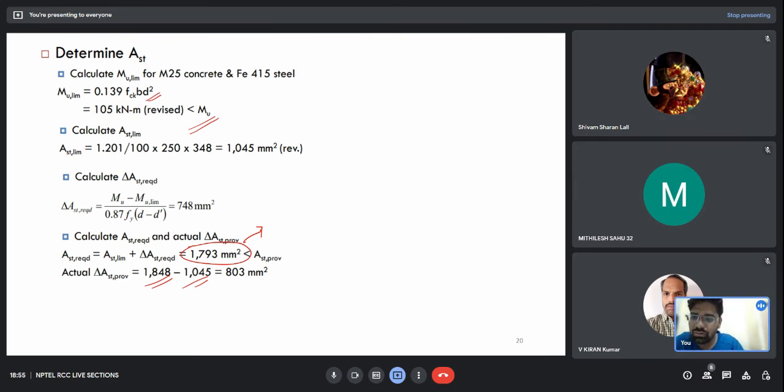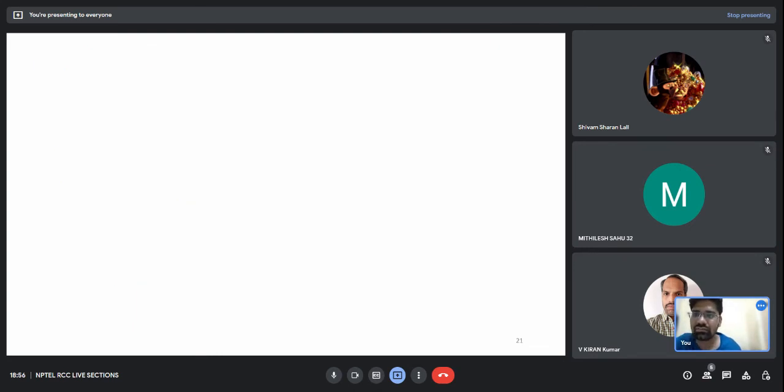So this is the total required minus what I have provided up here, the limiting one. So I am getting AST2. This AST2 tensile force will be balanced by the compressive force, by the compressive bars. This is not a very tough problem. Just revise it after the lecture. You will be able to understand.